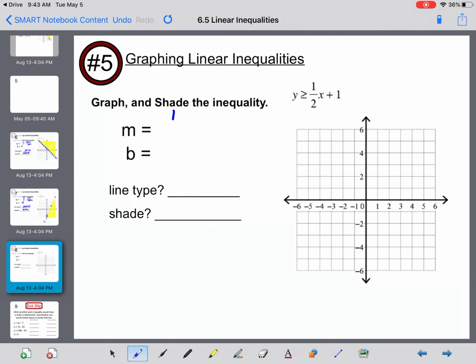Graph and shade the inequality. Y is greater than or equal to 1/2 x plus 1. 1 over 2 is your slope. Positive 1 is your y-intercept. So we're going to go up 1, right 2. Symbol, greater than or equal to. Line type, solid. Shade above. Start at +1 and go up 1/2 every time.